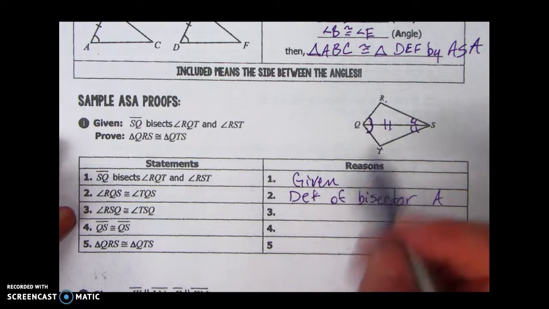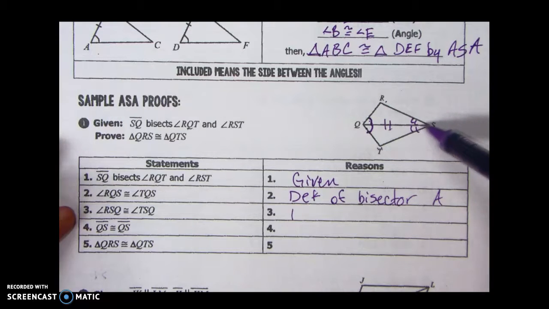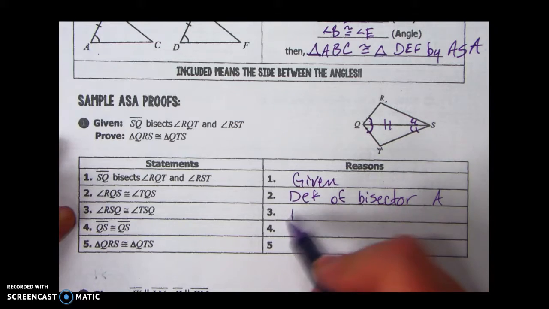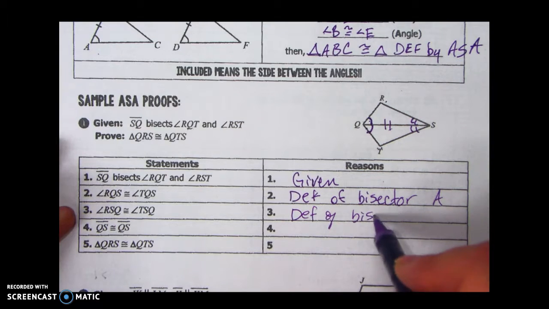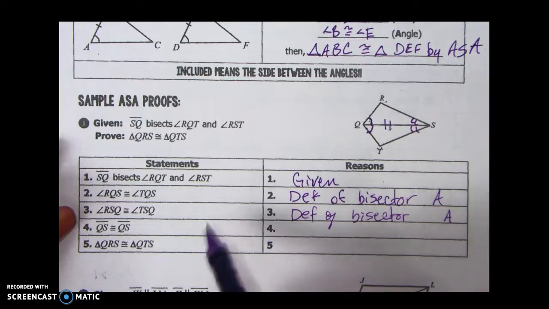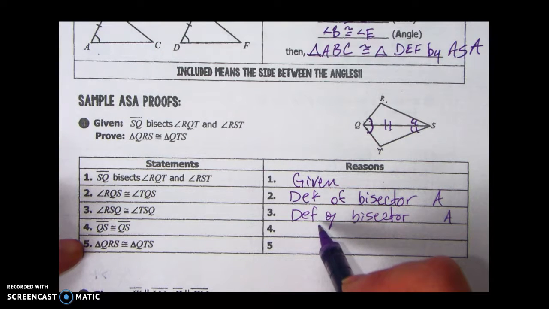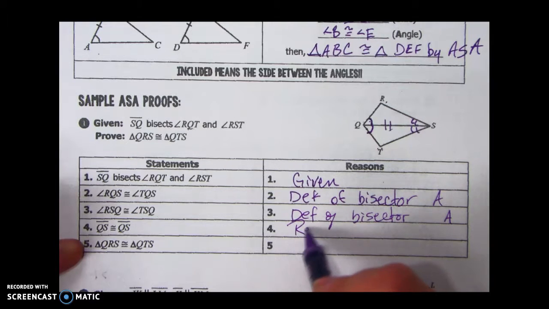Then we have the other angle that's congruent, RSQ is congruent to TSQ. Again, definition of a bisector. There's another angle. And then QS is congruent to QS. Why? Reflexive. It's like looking in the mirror.